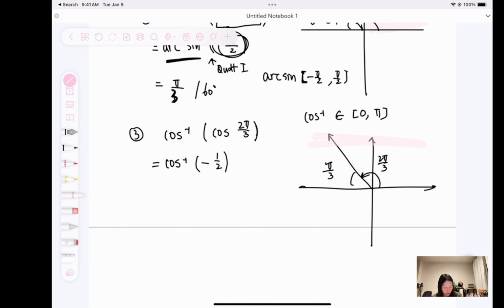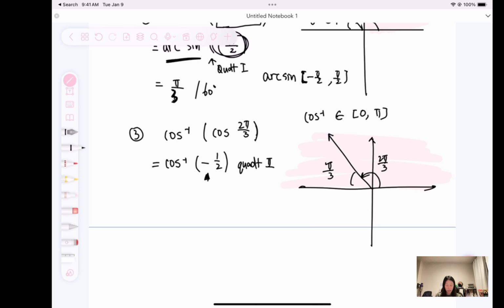Okay, so this part will be satisfied for the inverse function. So that means the inverse function angle has to be in either the first or the second quadrant. Secondly, we know that the ratio is negative. That means it's going to be in the second quadrant. Okay.